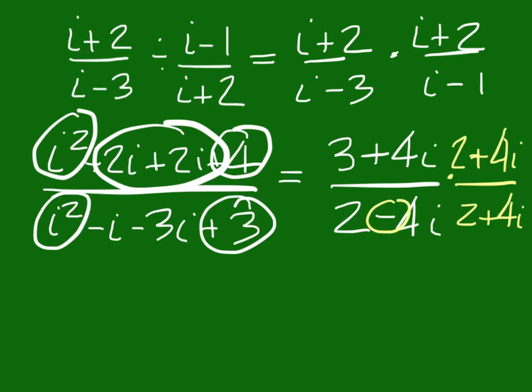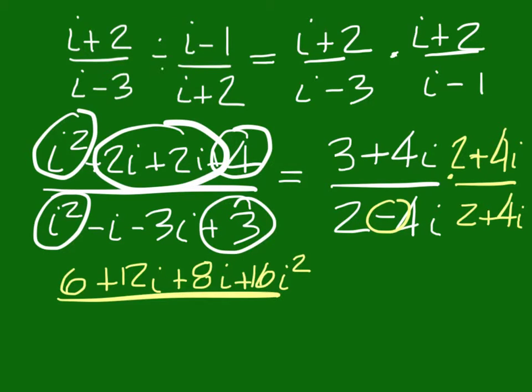So on the top you end up with 6 plus 12i plus 8i, and then plus 16i squared. And on the bottom you end up with 4, and then it's going to be minus 16i squared. It's a difference of two squares on the bottom, so you square the 2, square the 4i, and put a minus sign in between the two.